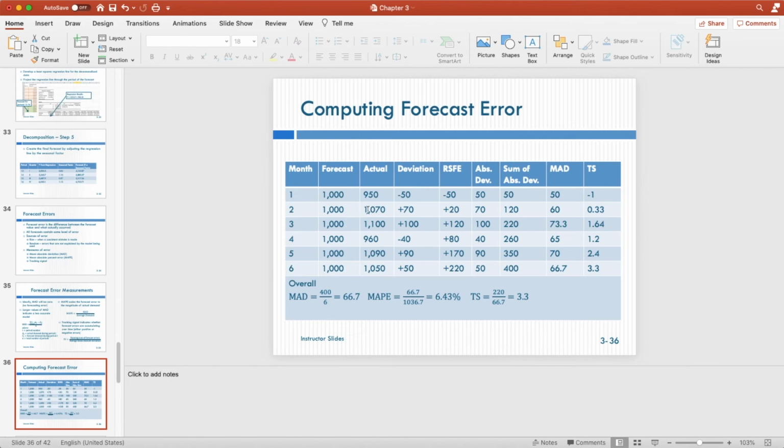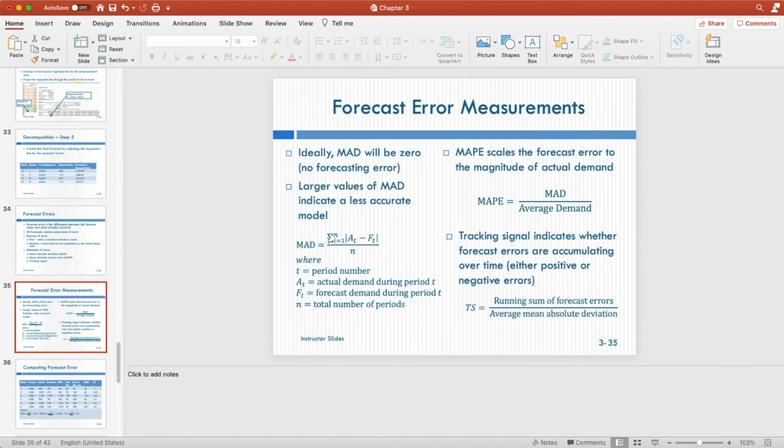The second one, still actual minus forecast, would be 70. The absolute value of 70 is still 70. If you follow the same fashion, you will get the list of these numbers. Every row gives you one corresponding element, but you need to sum them all up in the numerator.